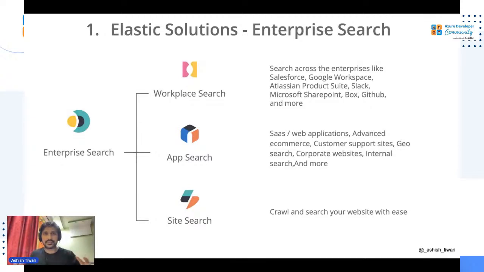There are lots of tools being used under one umbrella. So if you want to search something across the platform, then you can use workplace search. It will give very good results. It will search across the platform which you are going to integrate.